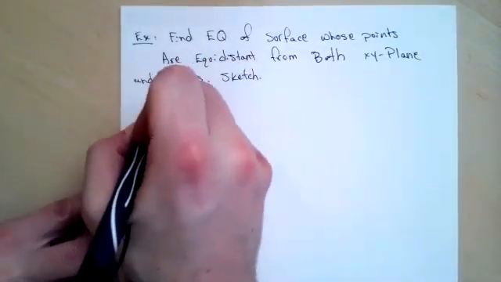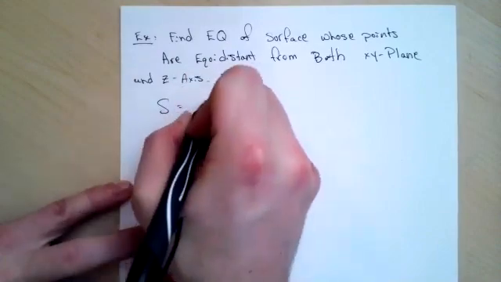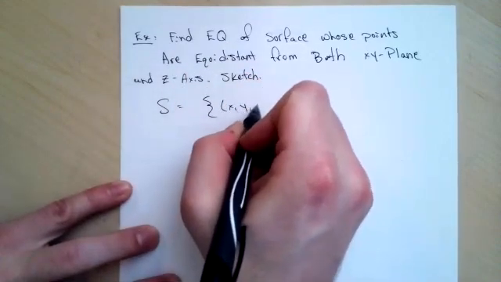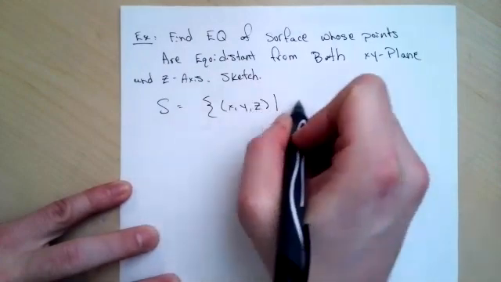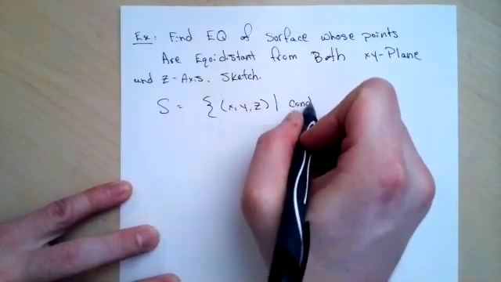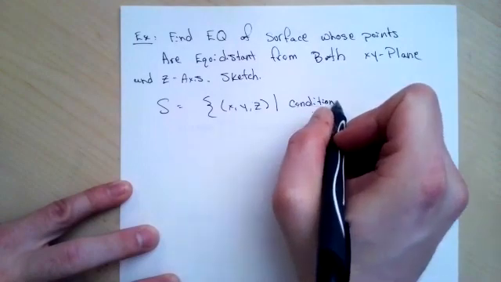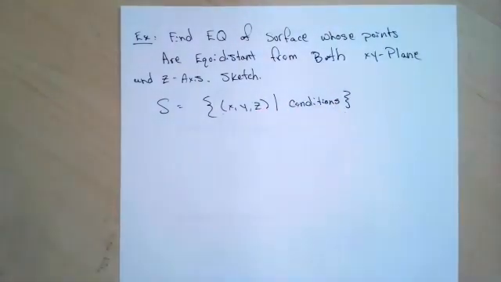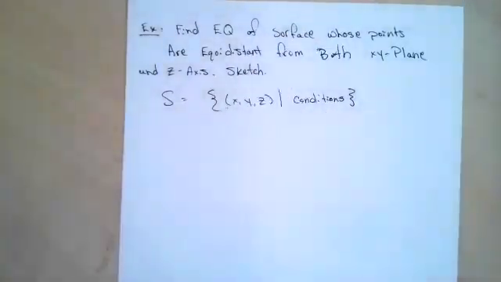Let's let our surface be the set of all x, y, and z that satisfy our conditions. I'm just going to write it out as conditions. So we have x, y, z coordinates, and they're going to satisfy these distance conditions. What are those conditions?